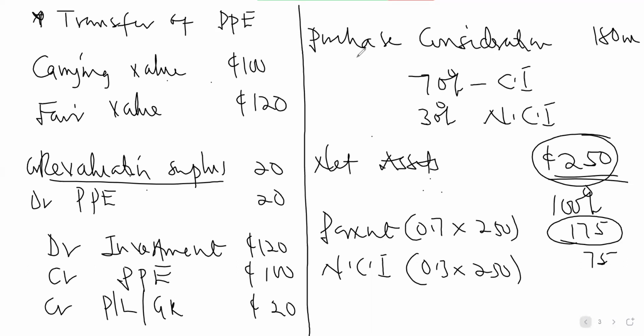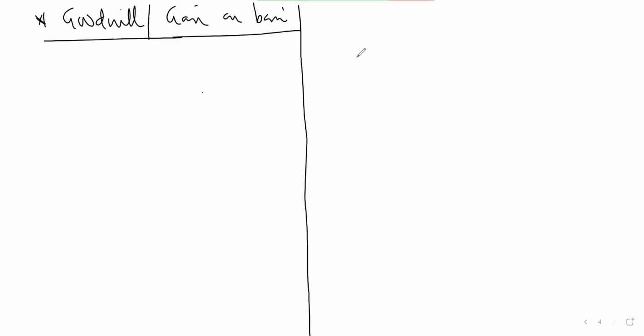You can see that we are comparing our net asset to the purchase consideration. So we can say that our goodwill is calculated as, okay, I will show this. It depends on how you want to calculate it. But mostly I use the simplest one. So we'll be using the one you know and the one I've been using.